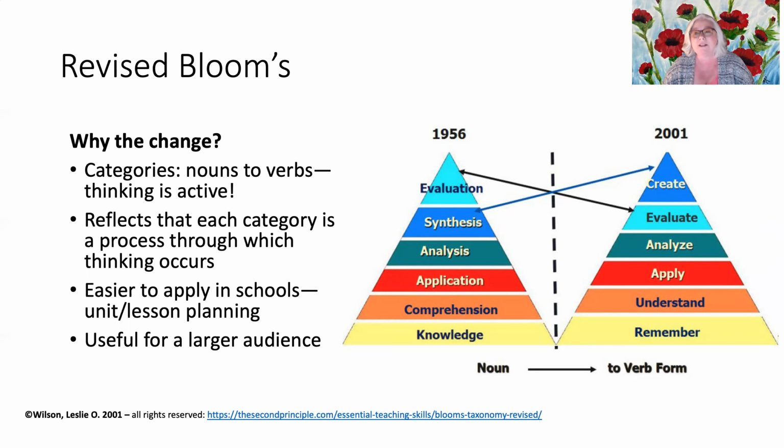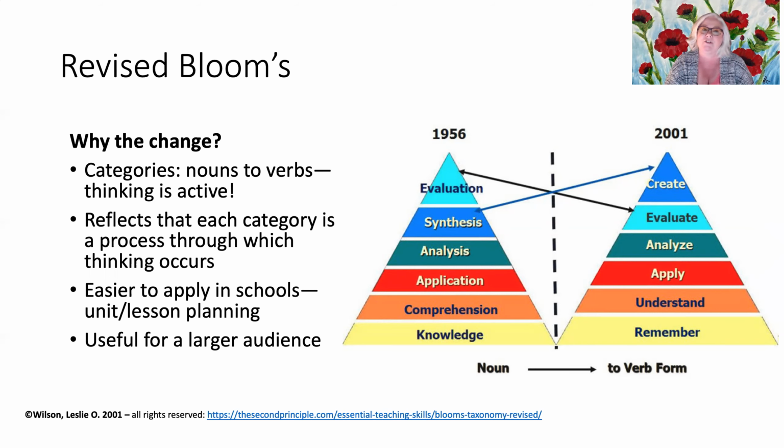Also, this made it much easier to apply in schools or for unit plan and lesson planning, which, you know, even though Bloom's kind of started out with this idea of development, it got taken up very quickly in the world of education as a great tool.